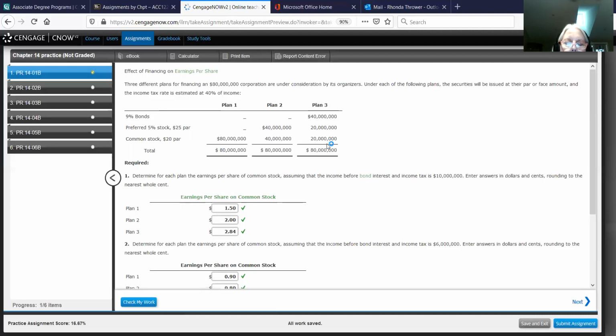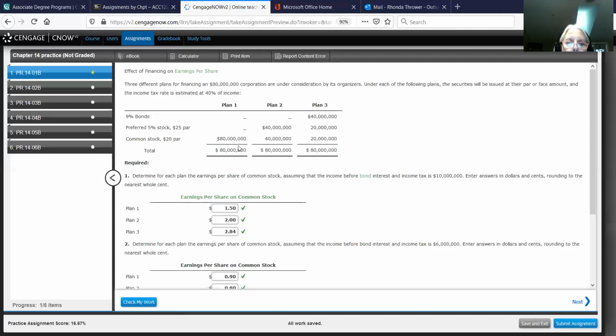But in return for that, we have to pay interest on these bonds. So there's a trade-off here: the interest expense on the bonds that we would have to pay, but we would have less voting rights for our common stockholders. That's also something that they might want to take into consideration.